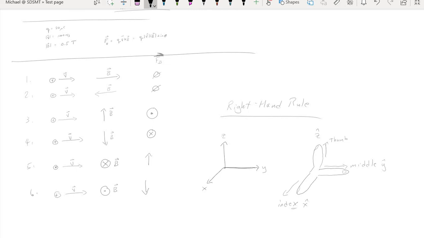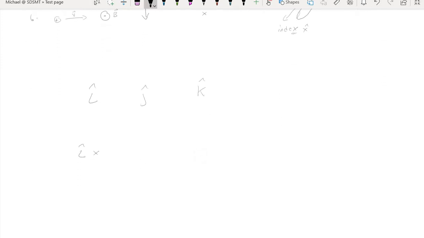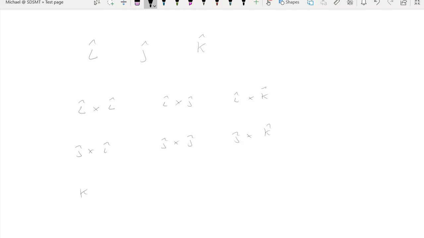Every case that we have up here, 1 through 6, is just a different combination of a vector component. And of the 3 components here, let's see, there would be 9 different possible combinations that we could try. There would be the i hats crossed with every combination. There would be the j hats crossed with every combination. And there would be the k hats crossed with every combination.